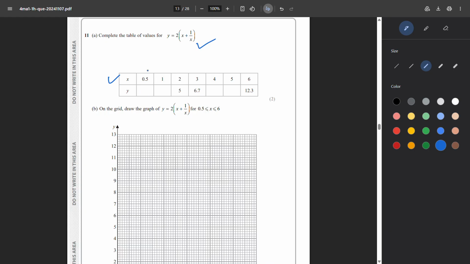So initially you have to put x is equal to 0.5 in this equation. If I put x is equal to 0.5, it's 2 in bracket 0.5 plus 1 over 0.5, that is 2 in bracket 0.5 plus 2, which is 2 into 2.5, that is 5. So the first value of y will be 5.